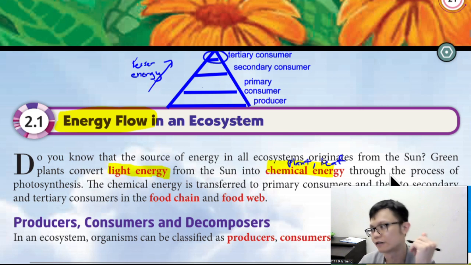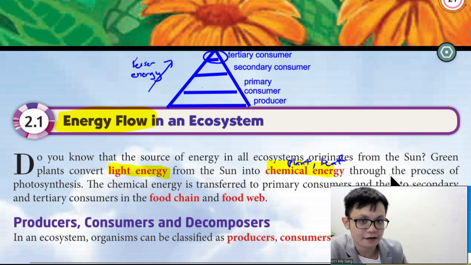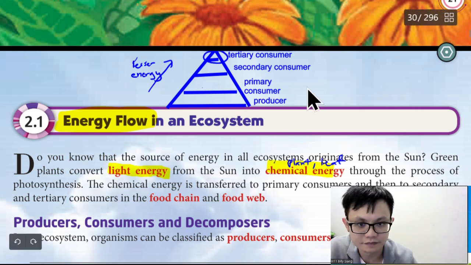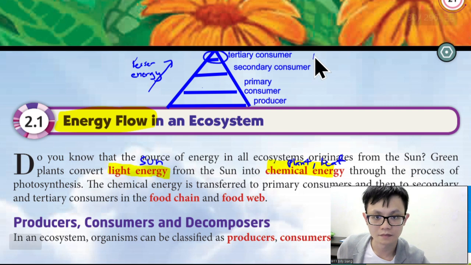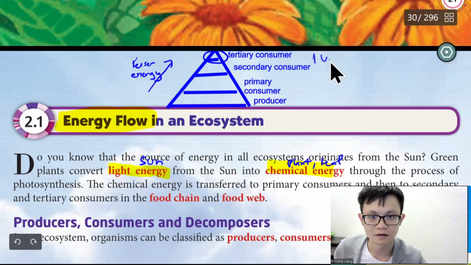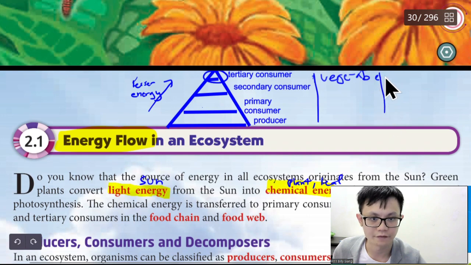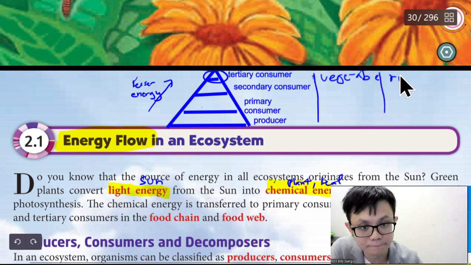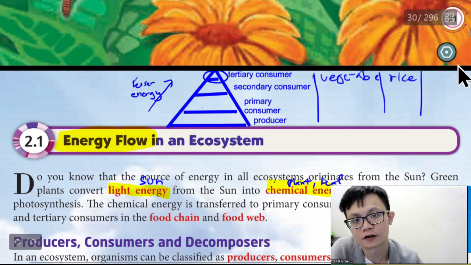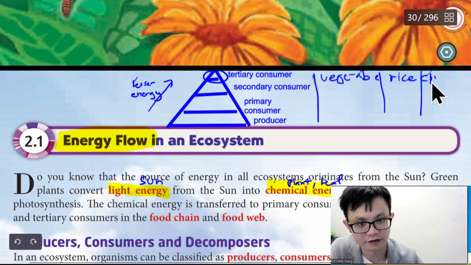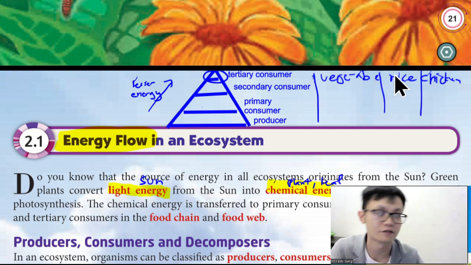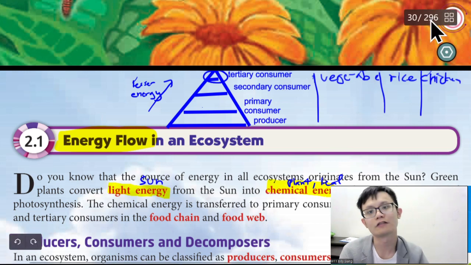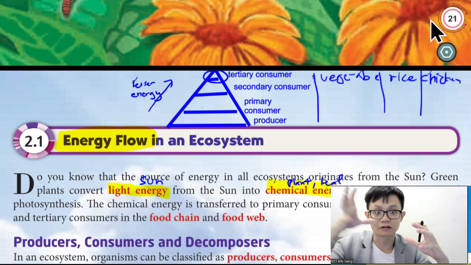For example, I have three things: vegetable, rice, and chicken. To measure the heat it produces when burned, you need to put it into a calorimeter, a container to calculate the calories it burns.